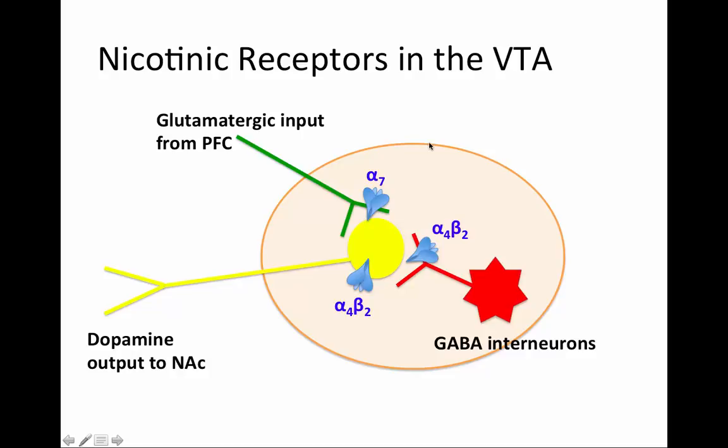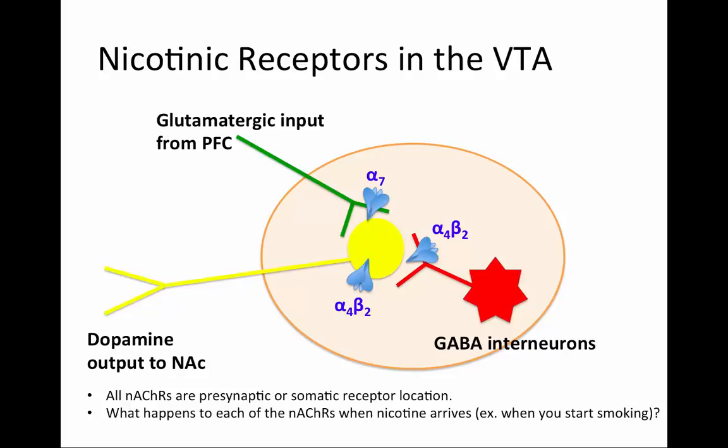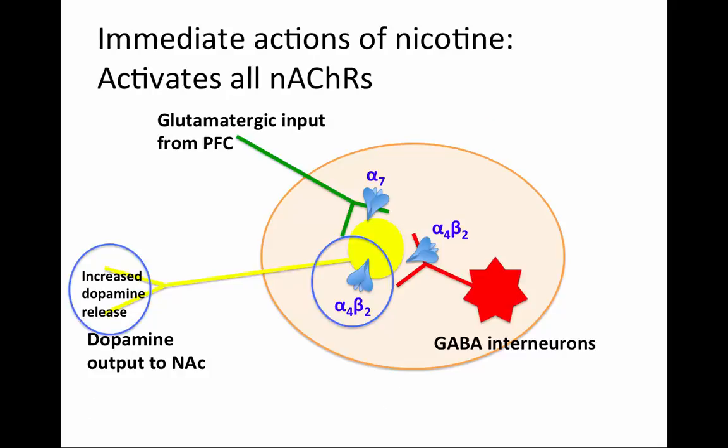So let's take a look at what happens when nicotine arrives to the system, such as when a cigarette is smoked. Acute administration of nicotine activates all of the receptor subtypes. Opening the alpha-4 beta-2 nicotinic receptors on the dopamine neuron will allow cations to enter the cell, resulting in increased neuronal firing and increased neuronal activity.